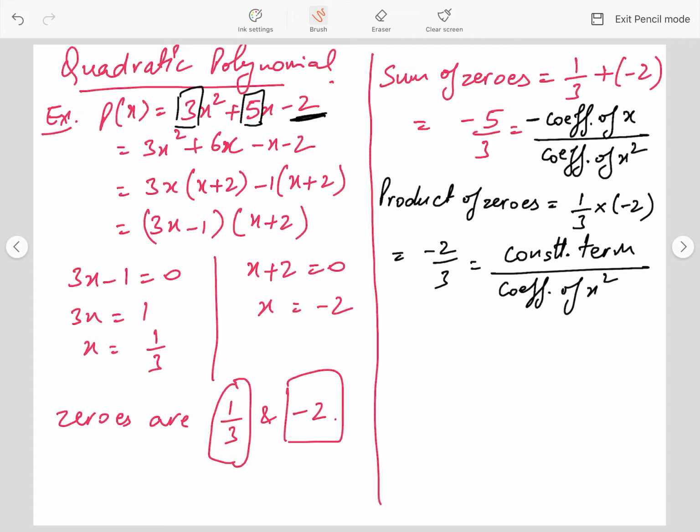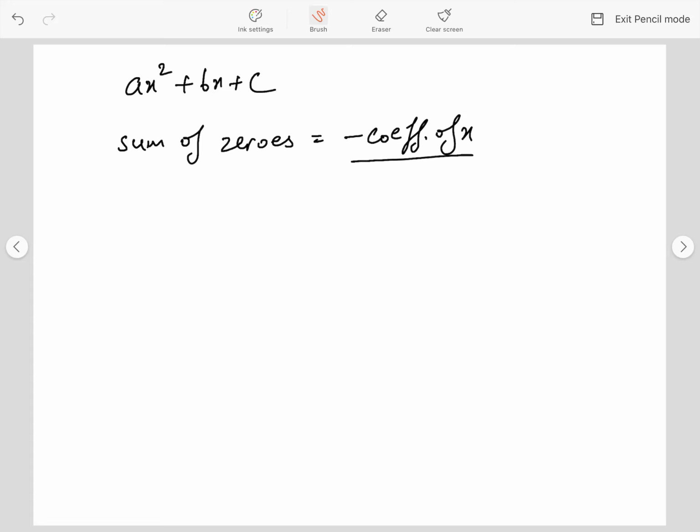In general we write a quadratic polynomial as ax square plus bx plus c. For this we have the sum of zeros as minus of coefficient of x by coefficient of x square.